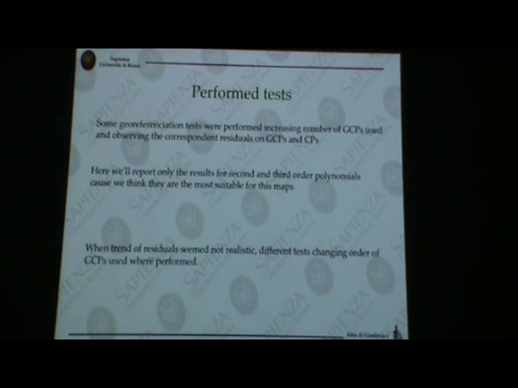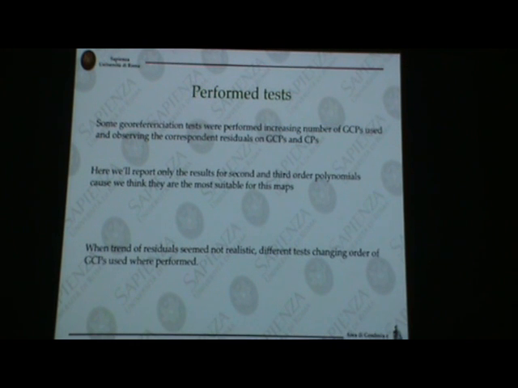We performed a lot of tests. We'll report here only some, because it was the first time we worked on QGIS, and we wanted to understand if there is some general rule that we can apply to this series of maps and to other maps. We performed some tests observing how the residuals on ground control points and the residuals on checkpoints change, increasing the number of ground control points.